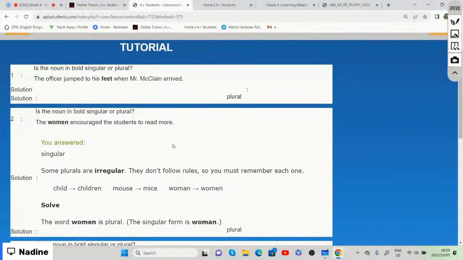And they don't follow rules. So you are just going to have to remember it because there is no S or ES that we need to follow in order to show that this is now more than one, right?